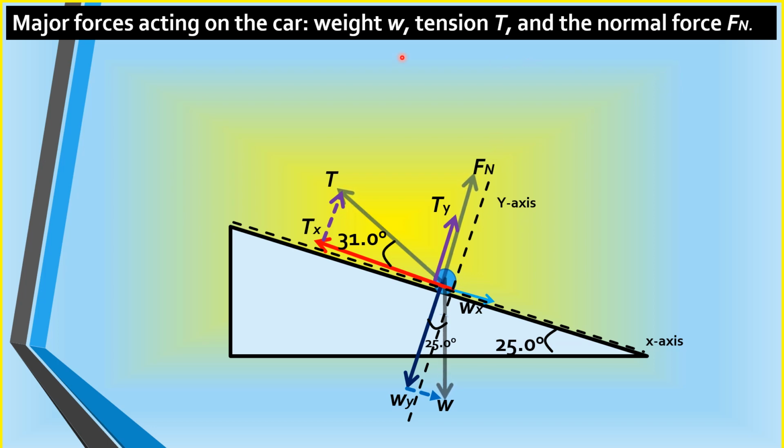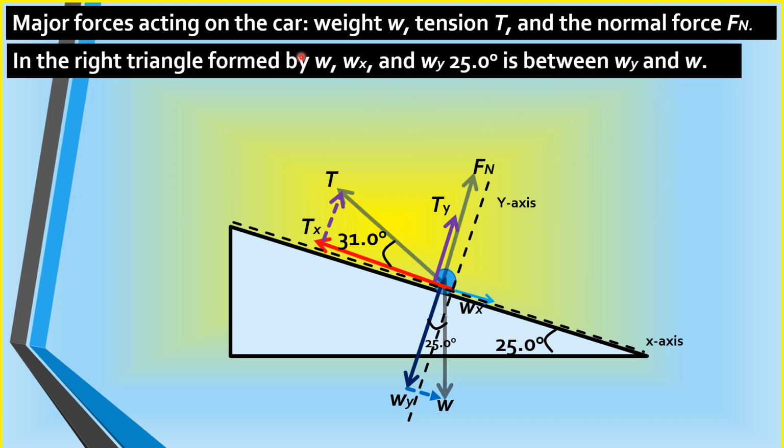Notice that in the right triangle formed by the weight W, Wx, and Wy, the angle 25.0 degrees is between Wy and W. Wx can also be redrawn by connecting an arrow from Wy to W, that is the projection Wx.